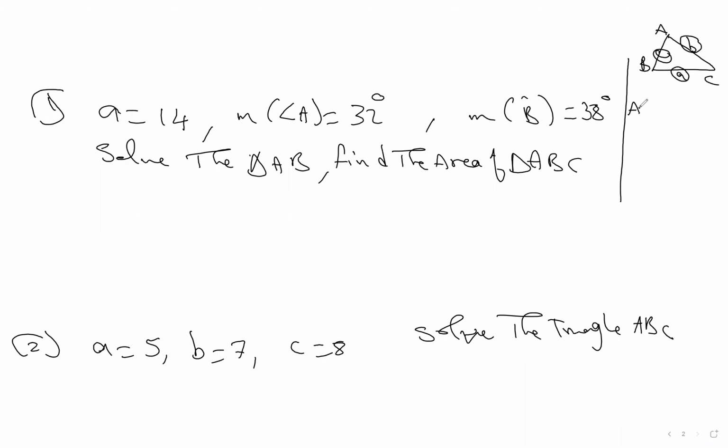So the area of triangle ABC will be half AB sine C, or half BC sine A, or half AC sine B. We studied this already, and you can find the area of the triangle by using one of the 3 rules. Okay, please go on.